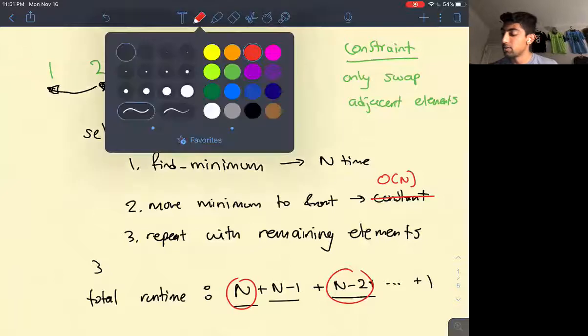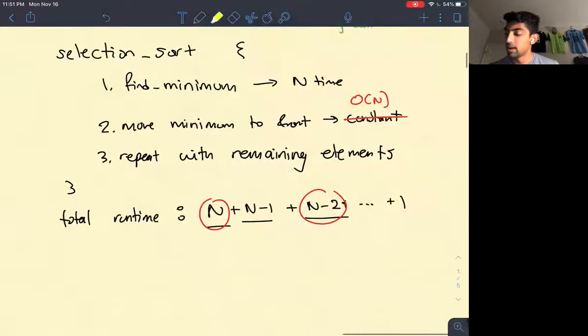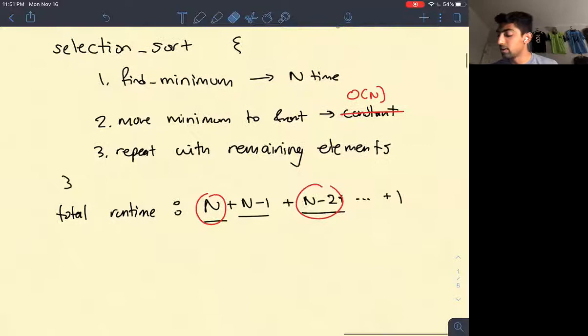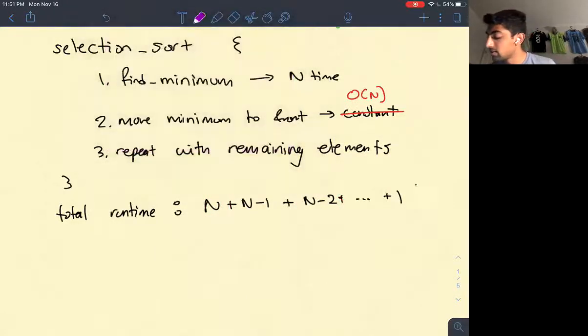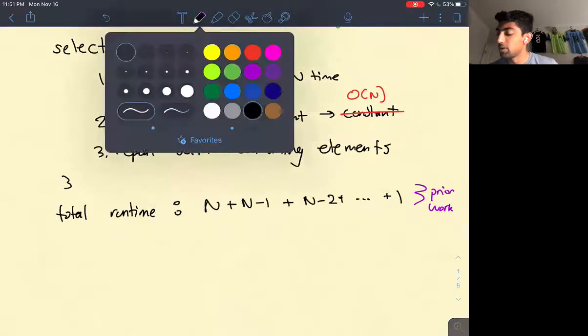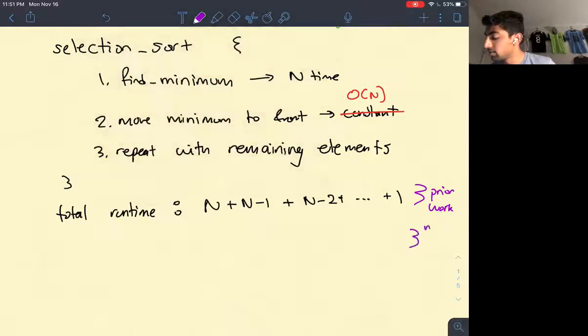Okay, so if we look at our total runtime, it's going to be all of the work that we were doing before. So let's call this our prior work, okay, plus our new work, okay? And this new work is going to come from moving the minimum to the front by swapping, okay? So the maximum amount of new work that we can do is going to be n the first time around, right?